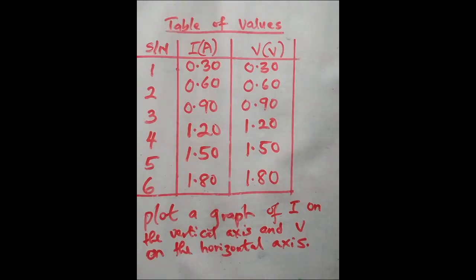They come down again and write 0.9, like that. So these are common mistakes students must correct and write their values very well.